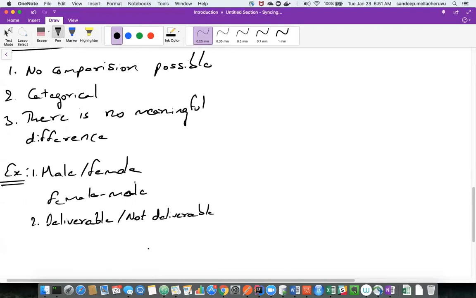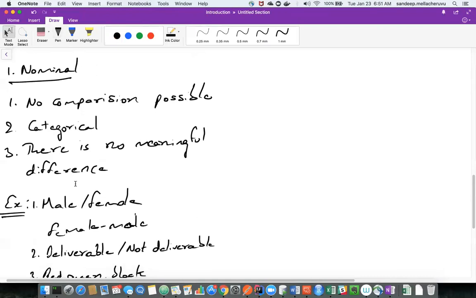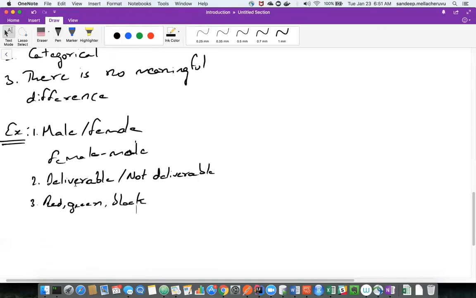It can be any number of values. For example, colors: red, green, black. Out of red, green, and black, which one is greater? No one knows. There is no implicit ordering there, no implicit comparison possible. So that's how you define nominal scale.